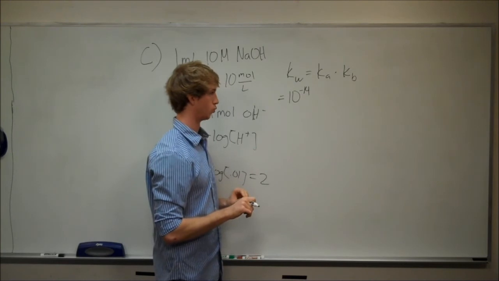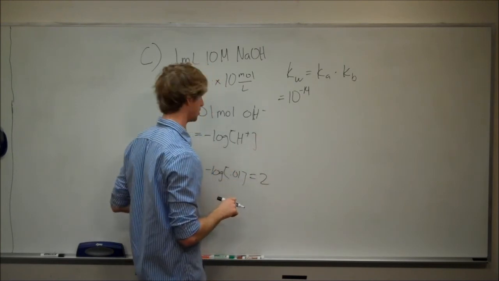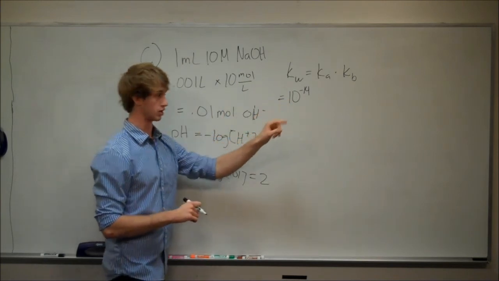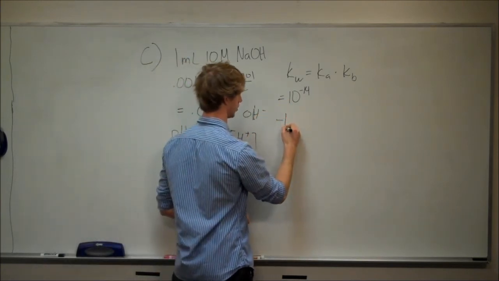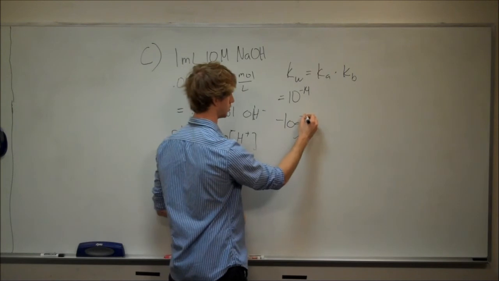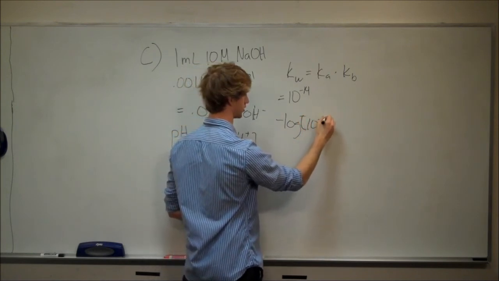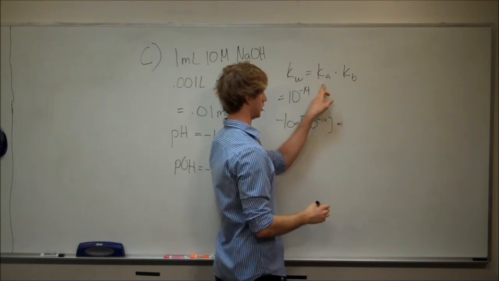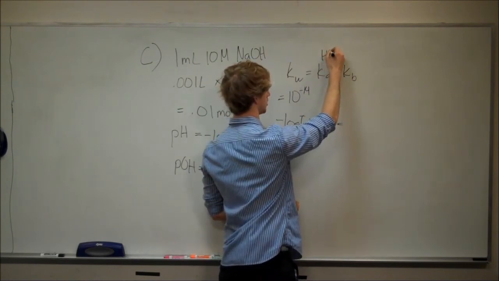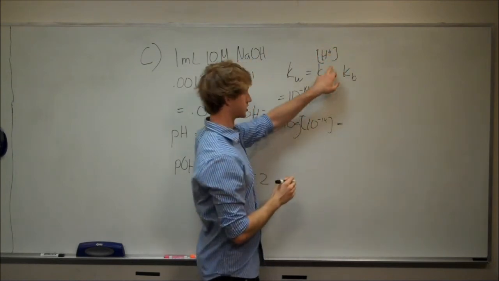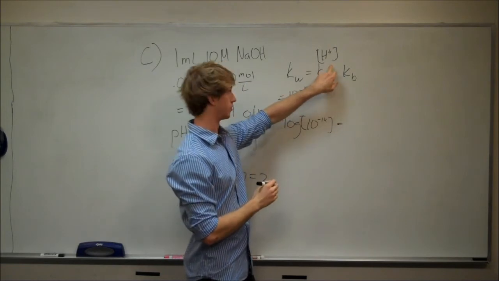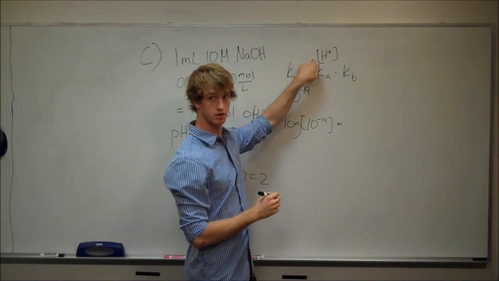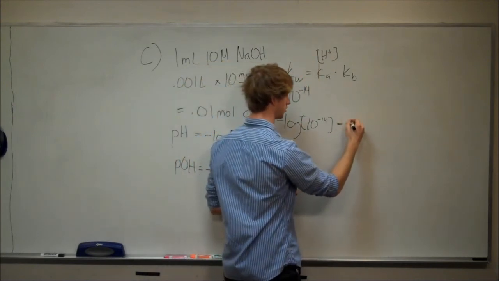So to be able to find pH from pOH, we're going to take negative log all the way across. We take negative log of our Kw, which is 10 to the negative 14th, and that's going to be equal to negative log of the amount of proton, or the acid we have in the solution, which happens to be pH.